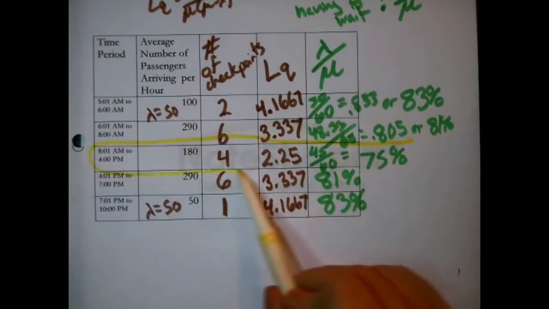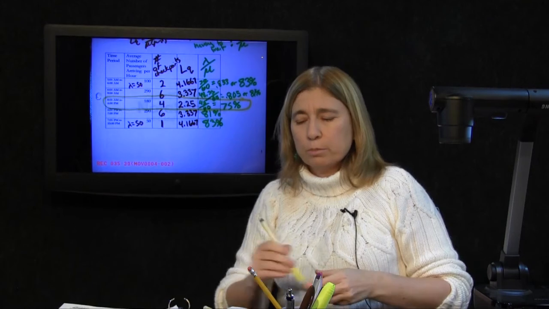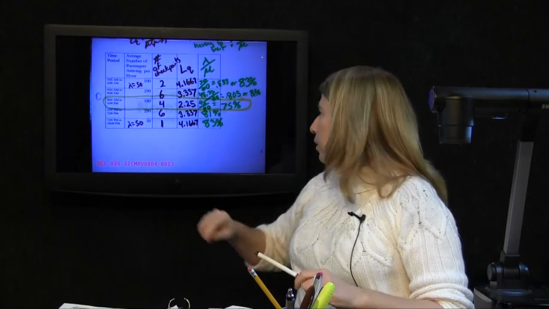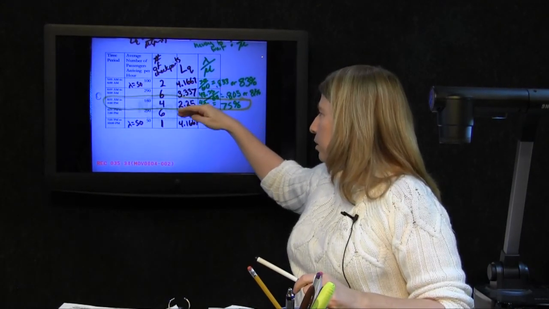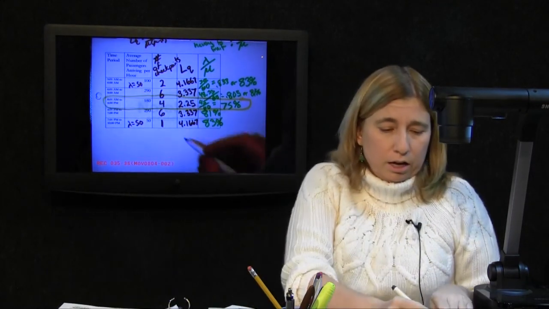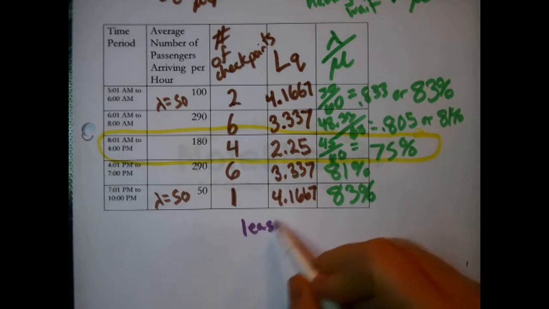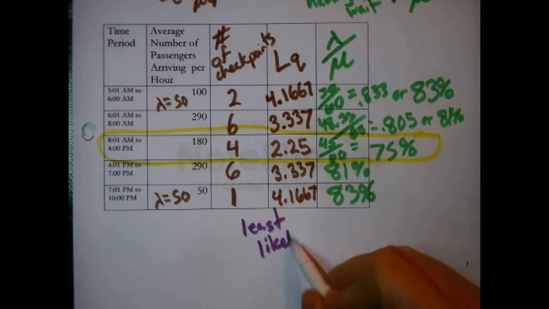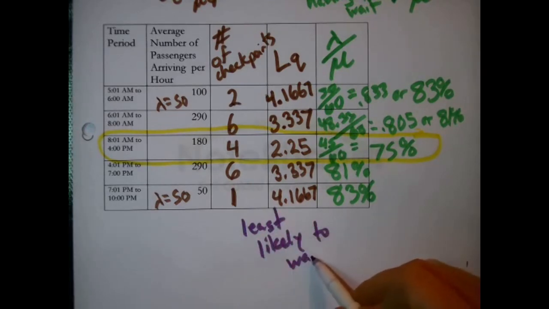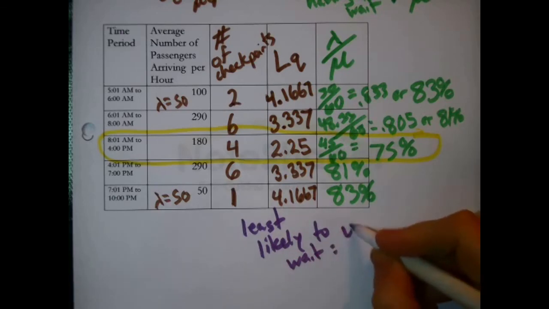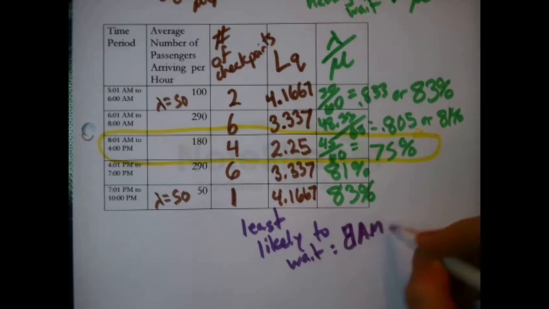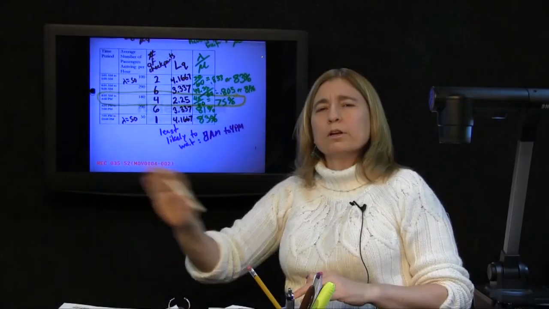It's that long middle of the day part when they have 4 lanes open. So here's the average length of the line throughout the day, and least likely to wait is from 8 a.m. to, what is that, 4 p.m.? That whole middle part of the day.